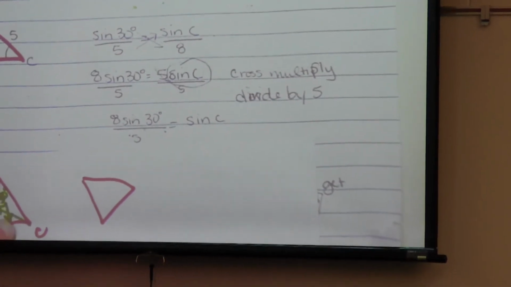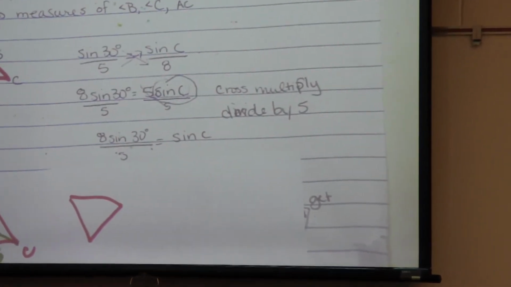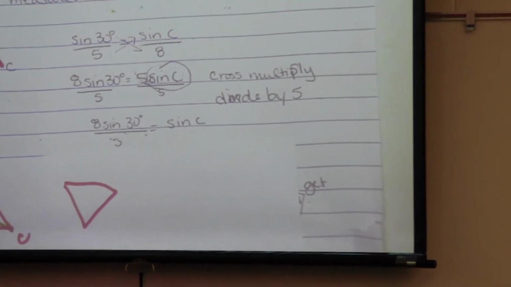Which just gives me 8 sine 30 over 5 equals the sine of C.